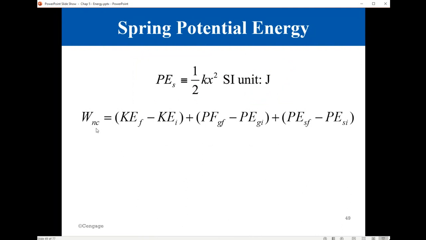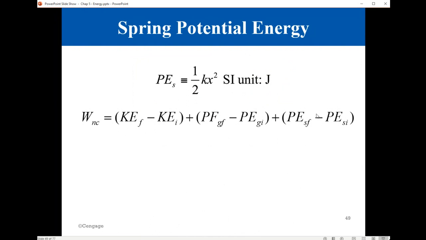This is now the generalized formula for the work energy theorem. Work done against a non-conservative force, if there is friction, is equal to the change in kinetic energy plus the change in gravitational potential energy plus the change in elastic or restoring force potential energy.